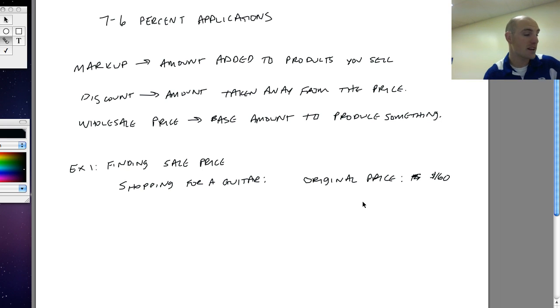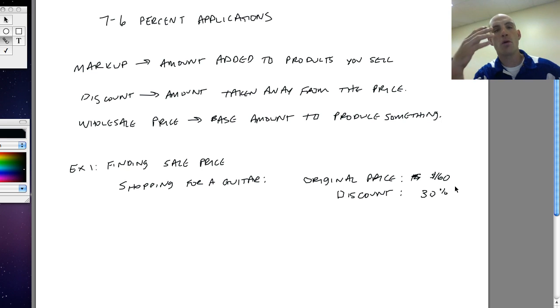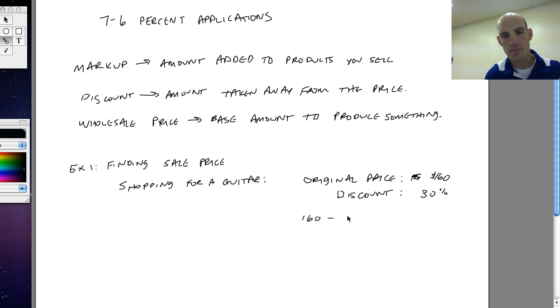So this is a $160 guitar. But at the store that you're at, they have a discount today only of 30%. So what we need to do is, just like we were doing the other day when we talked about 30% of something, we need to find that 30%, and because it's a discount, we're going to take it away. So we need to do 160 minus 30% equals how much we pay.